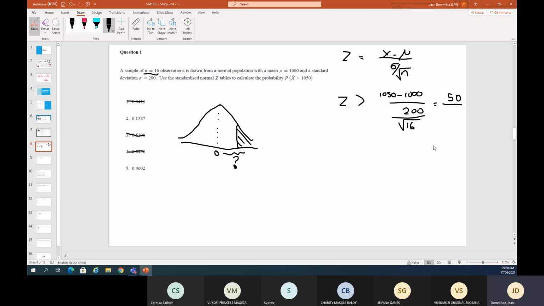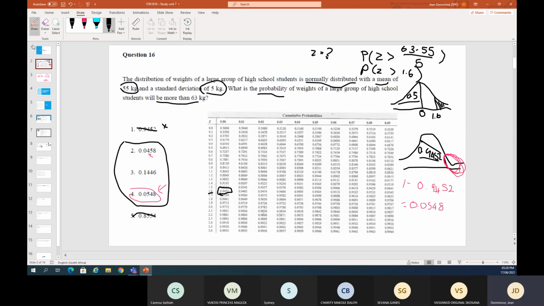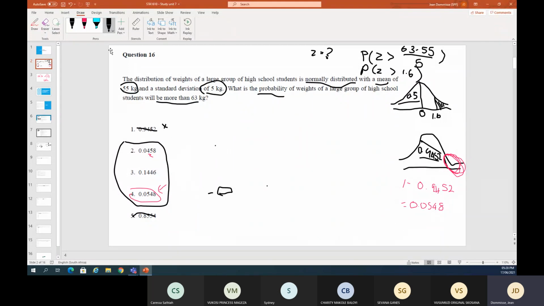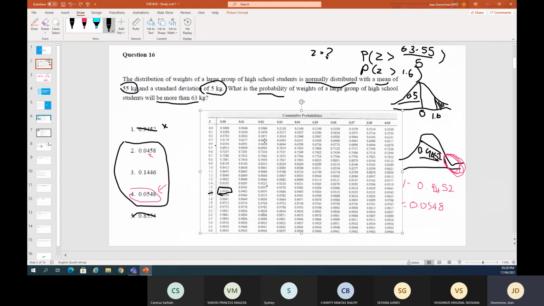Okay, so now let's go further. So 200 divided by 4 is 50. So we are looking for the Z that is bigger than 1. Okay, so let's just copy it.